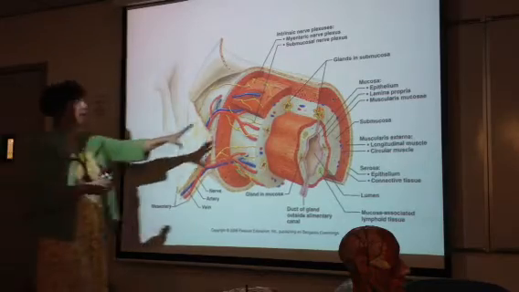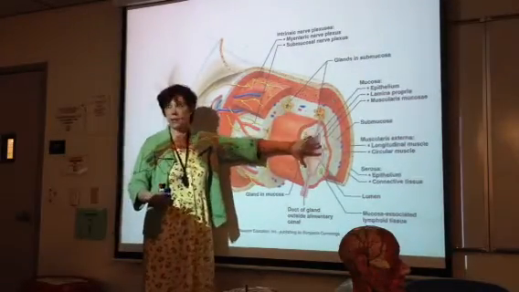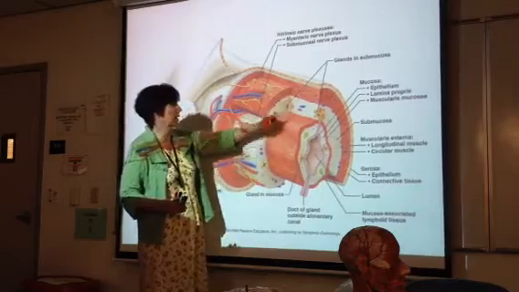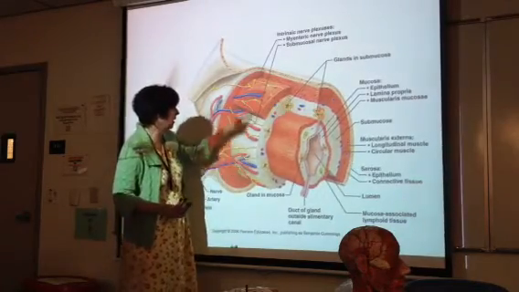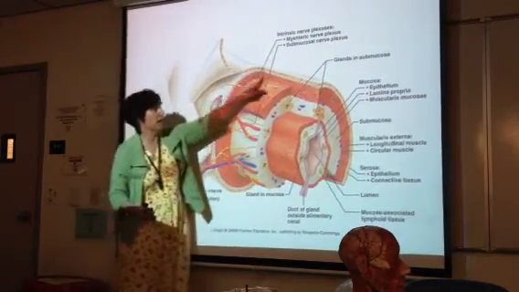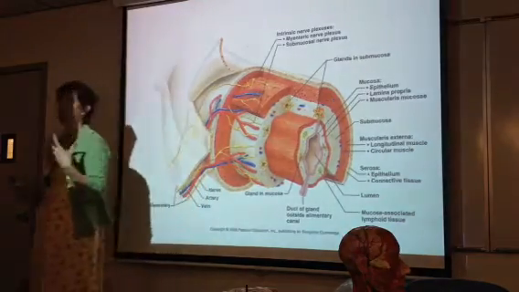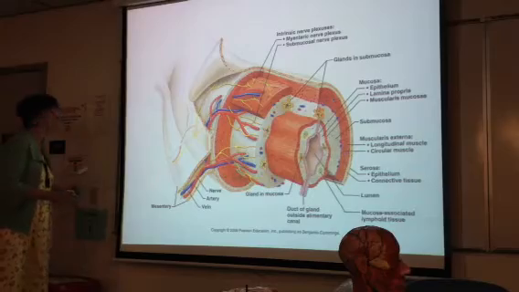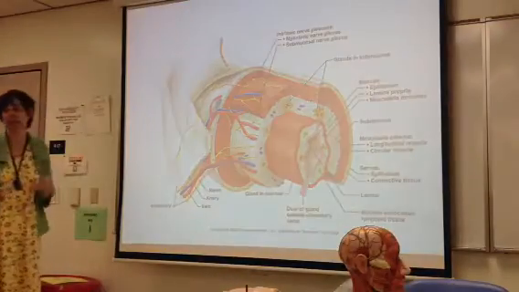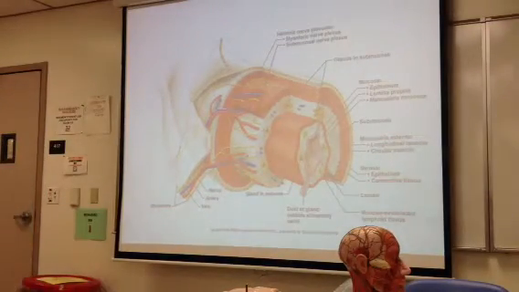Here would be the muscularis mucosa of the mucosa, the submucosa, here's the inner circular layer, and then here's the outer longitudinal layer. That provides the movement and contraction of muscle, moving the material through the digestive tract, known as peristalsis.